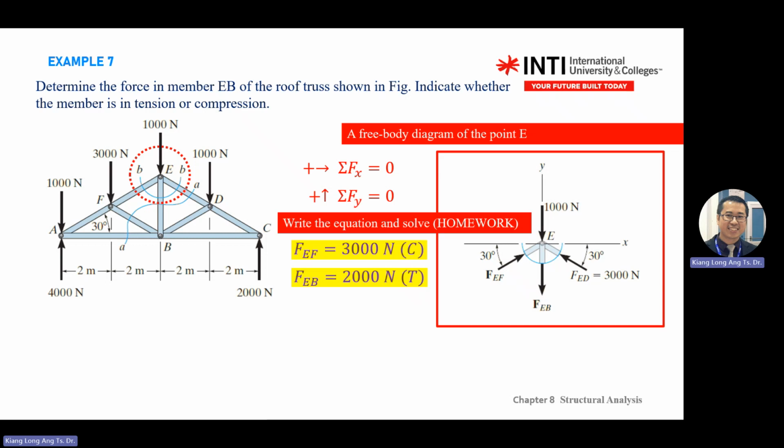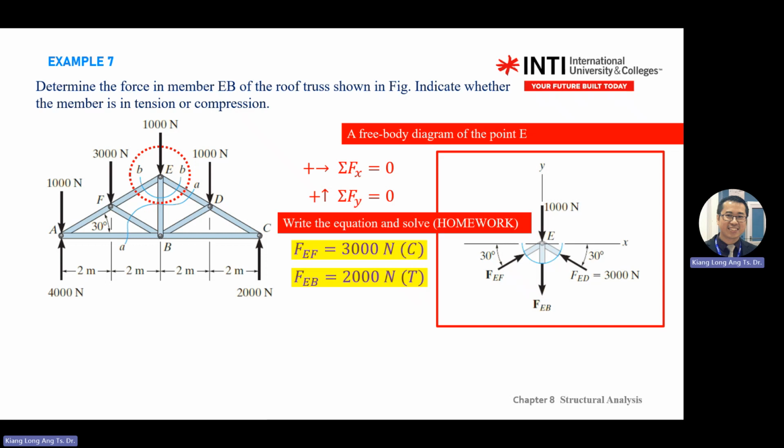Number 3, then you start to do, there are two approaches. So one is you use the pin or joint analysis. You look at the pin, what happened to the pin. So the pin, you have compression and tension also. And then at the end, as a conclusion, you need to tell me the member.